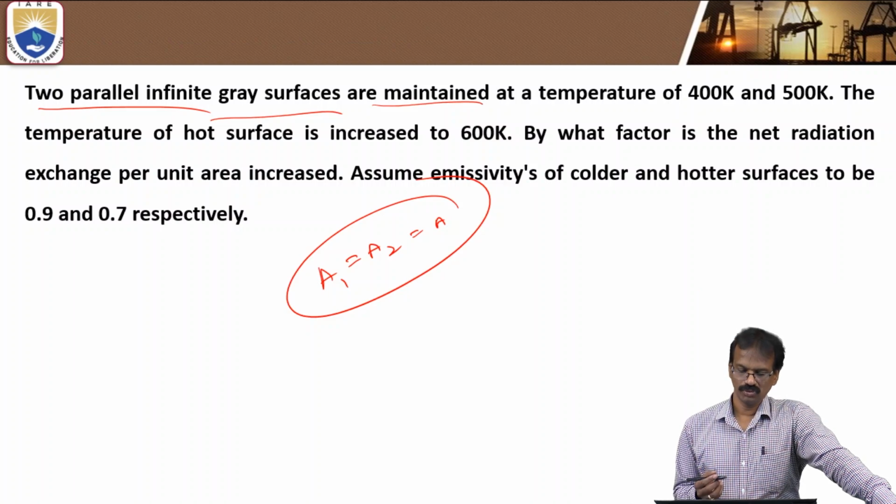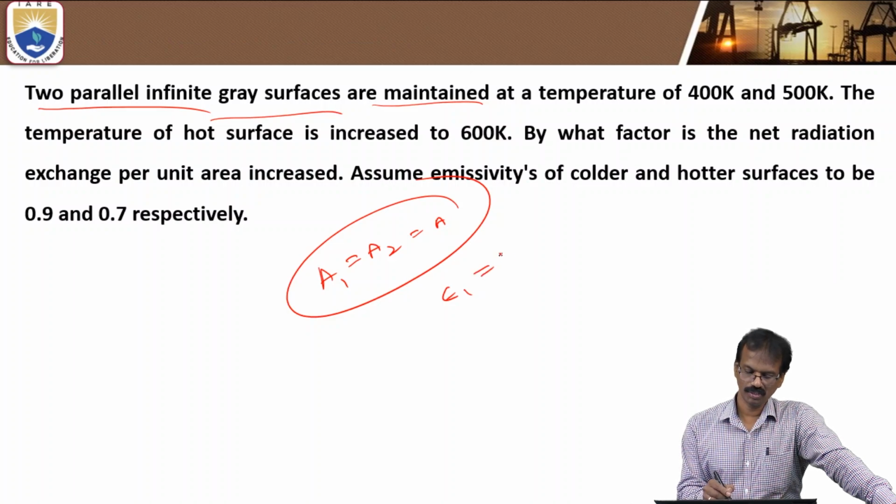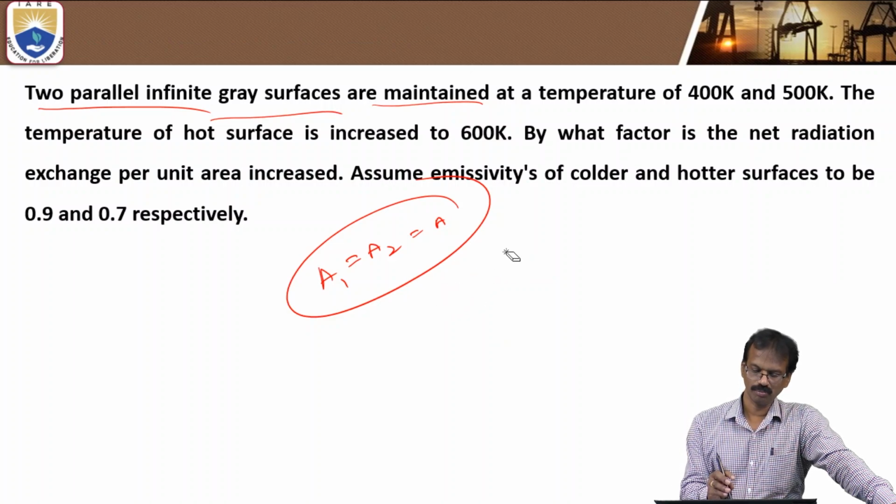Gray surface means we have to consider the emissivities. If the surfaces are black, emissivities are 1. If gray, emissivities are less than 1, so you have to consider the emissivities of both plates.